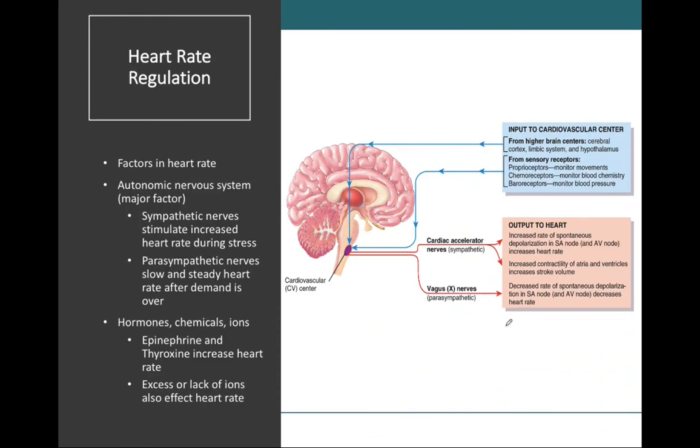Now we just spoke about three factors that affect stroke volume: preload, afterload, and contractility. But we have to remember another formula that even came before stroke volume, and that is cardiac output. The formula for cardiac output is stroke volume times heart rate. And we've just spoken about stroke volume and what regulates it.